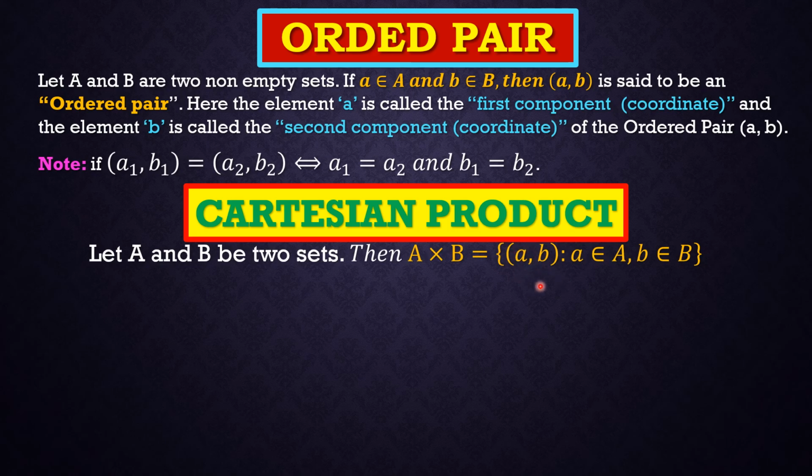That type of elements we write in set notation. That set is called the Cartesian product of the given two sets A and B. This is the definition of Cartesian product.